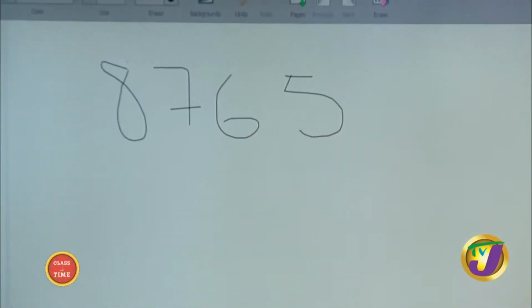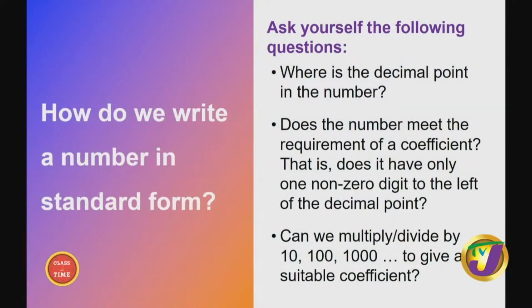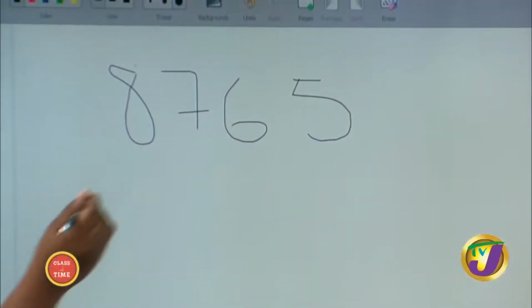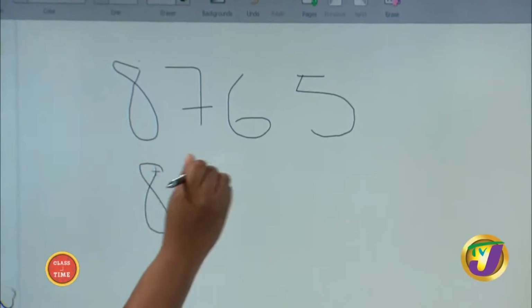Where is the decimal point in this number? I don't see a decimal point. There is no decimal point, but can we rewrite this number to include a decimal point? I could rewrite it to include a decimal point.